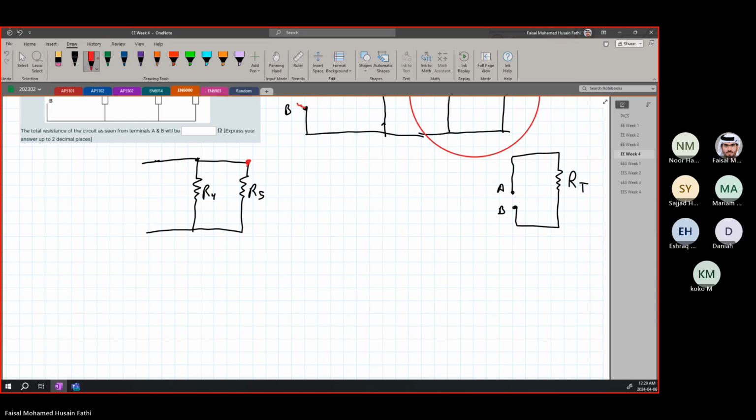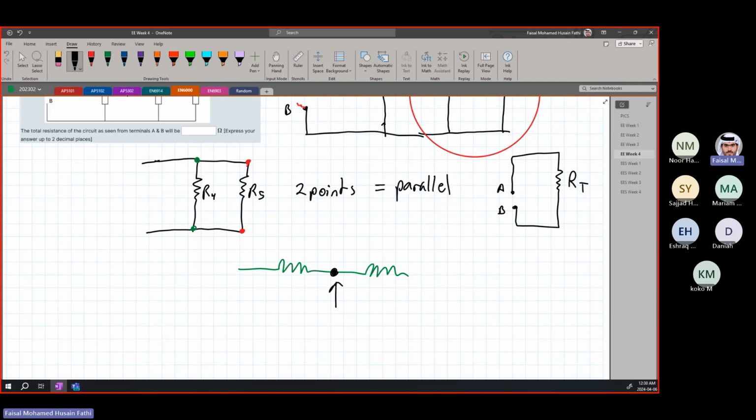Always look at these two connection points. Are these two resistors connected at one point? Is there only one point of connection or are there two points of connection? Here we have two points. So it's in parallel.